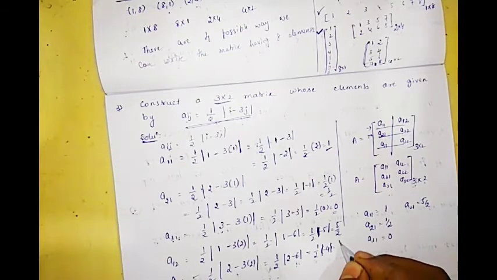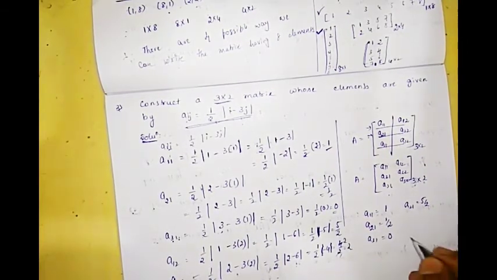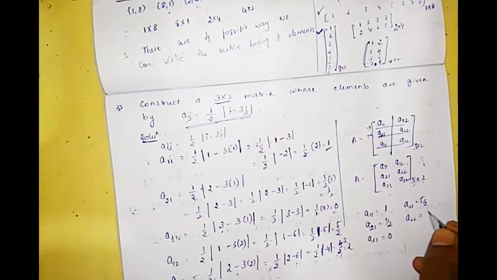A22 is equal to 1 by 2 modulus of 2 minus 3 into 2, which we know how to substitute. So 2 minus 6 is equal to 1 by 2 modulus of minus 4. Since it is a modulus function, it will give plus 4 by 2. So A22 is equal to 2.